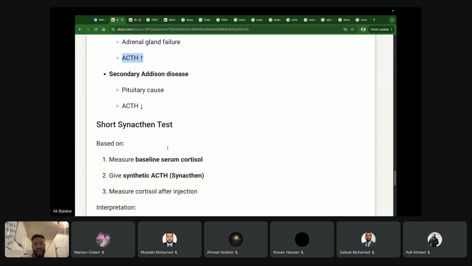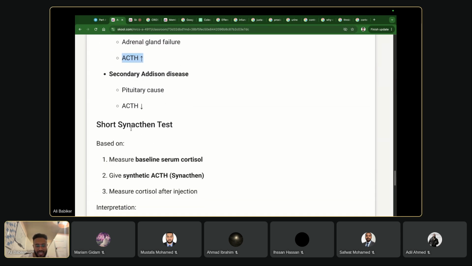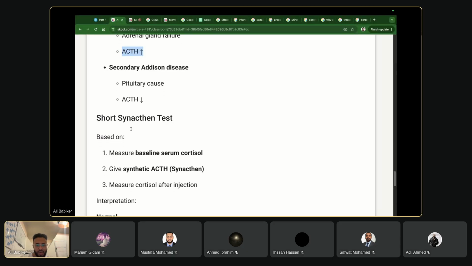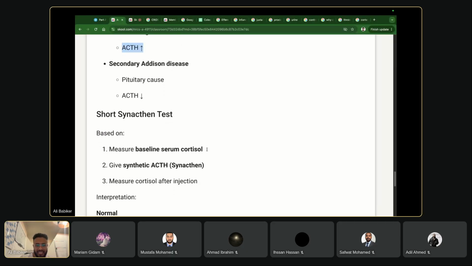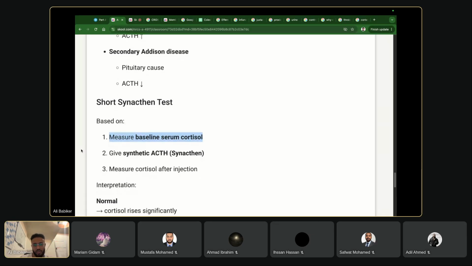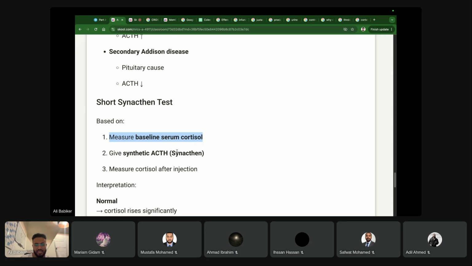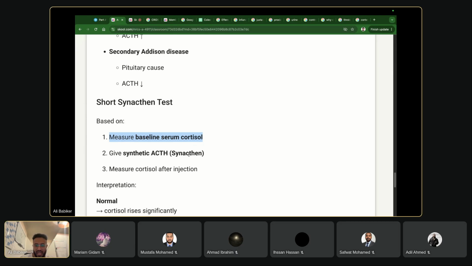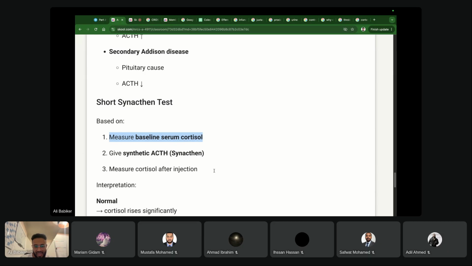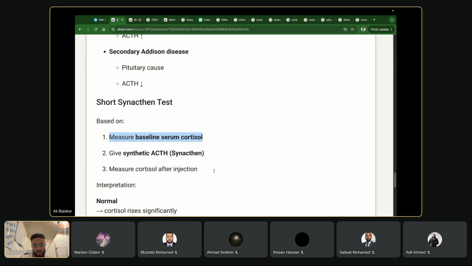All right. We also have what we call the short Synacthen test. We measure the baseline serum cortisol. Firstly, we take a blood sample and measure the baseline serum cortisol. Then we give the patient synthetic ACTH, which we call Synacthen, and then we measure cortisol afterward. So we take the cortisol first, we give ACTH, and we measure it afterward.